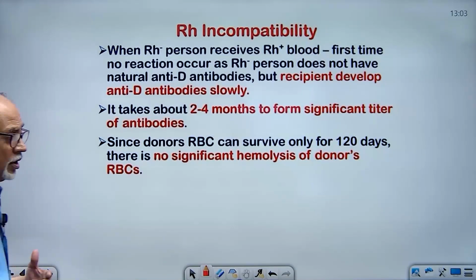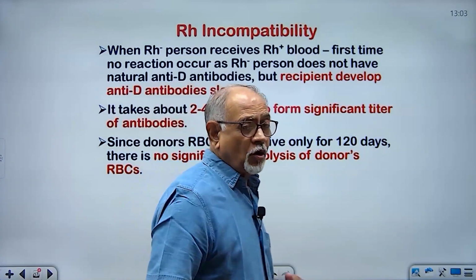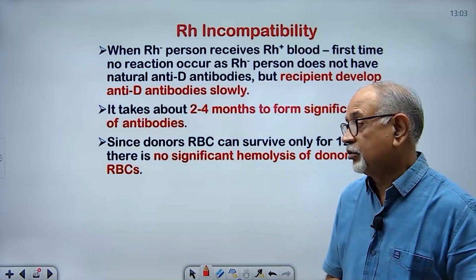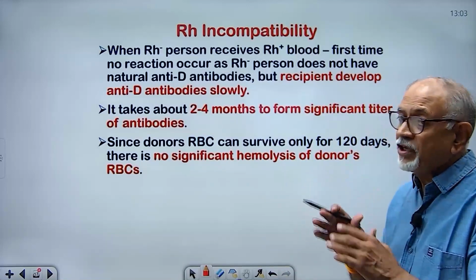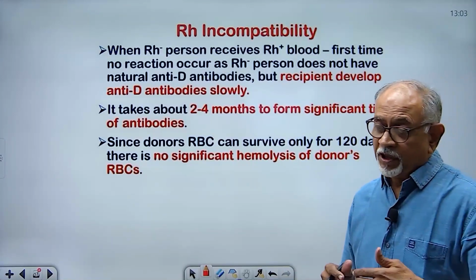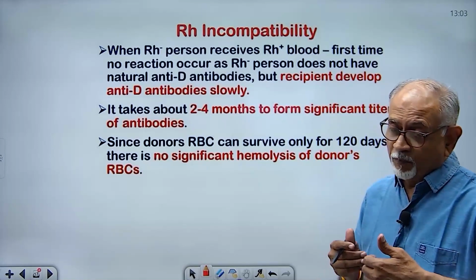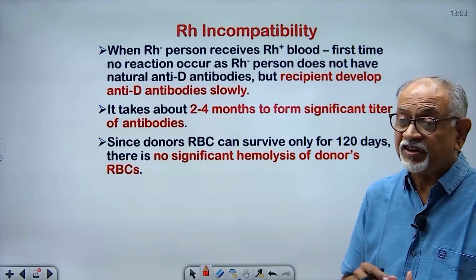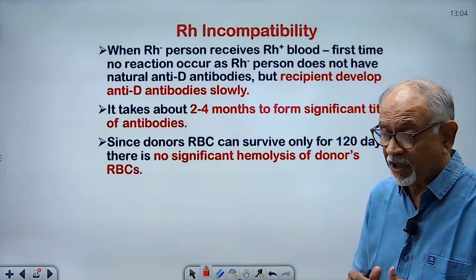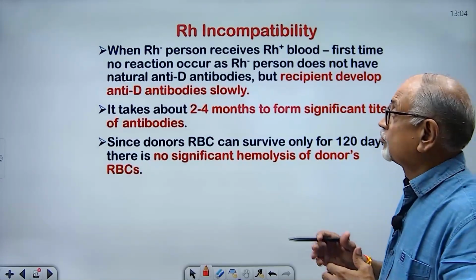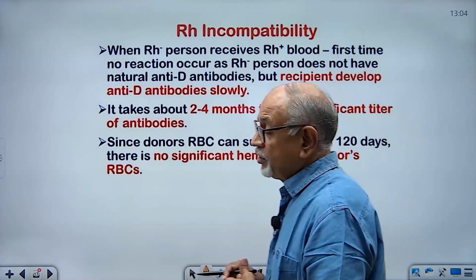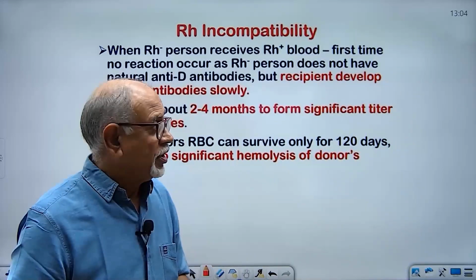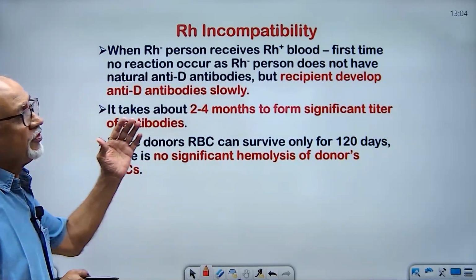Now, Rh incompatibility. When there is a mismatch of Rh group, if a person of Rh negative blood group receives Rh positive blood, then it is called Rh incompatibility.